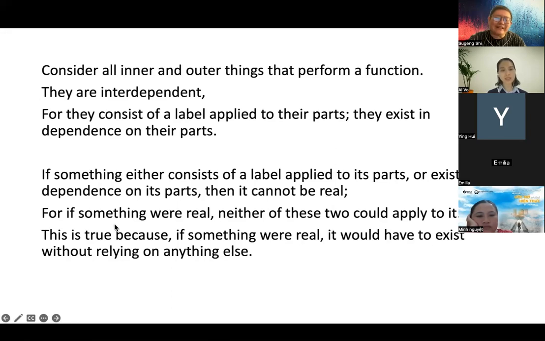Okay, yeah. If something is real, that means something is ultimate. Then it cannot have a label and cannot exist in dependence on its parts. Okay, because if something is real, then it has to exist without relying on these two.